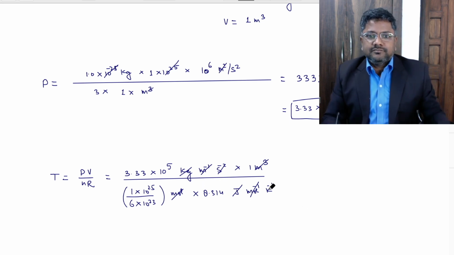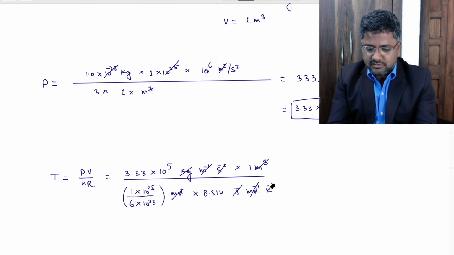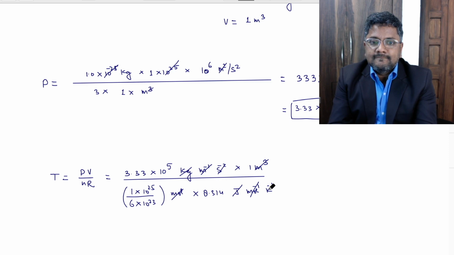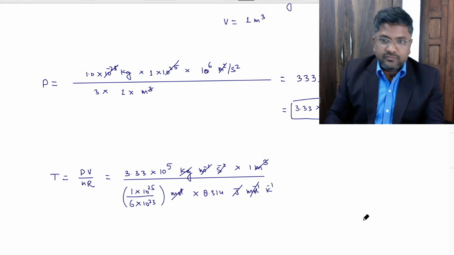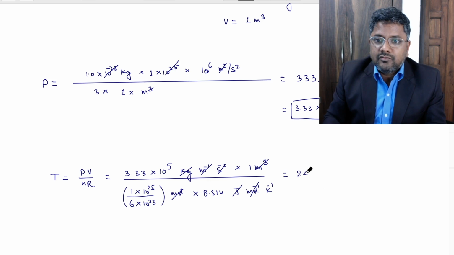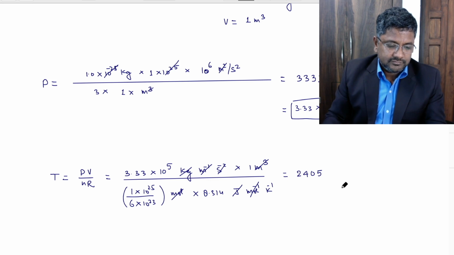So we will get, multiplied by 6 and divided by 8.314, about 2405, so this is equal to 2405 Kelvin.